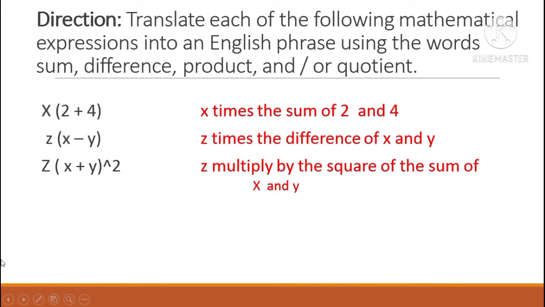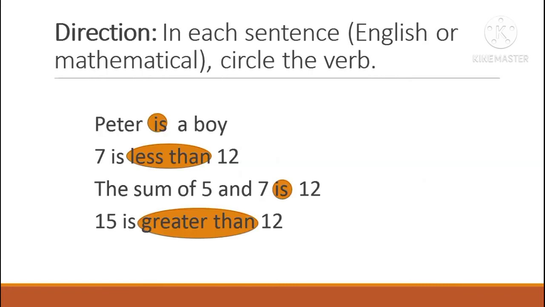Okay, understood? Okay, direction. This is another example. In each sentence, English or mathematical, circle the verb. Here we will enclose it in a circle.